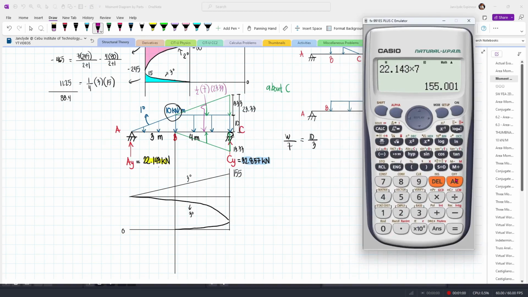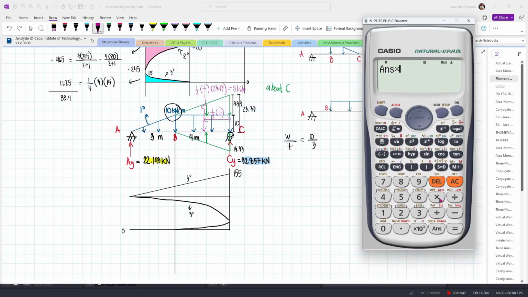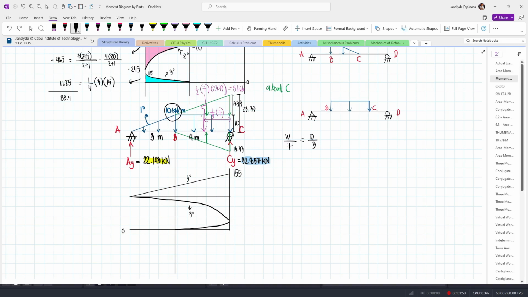So this gives us 81.65, or let's say 66. And then our moment arm going to C, that will be 1/3 of 7. So 1/3 of 7. Now again, this is our whole base. So this load multiplied by 7/3, we have 190.528 or 53. So this is minus 190.53.